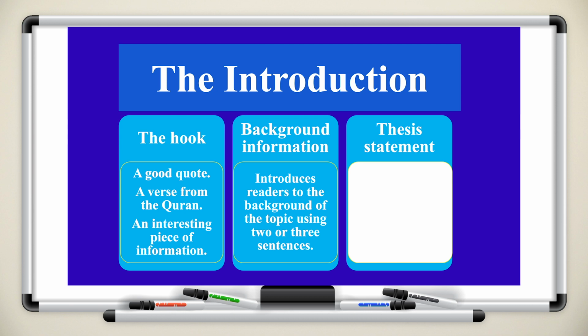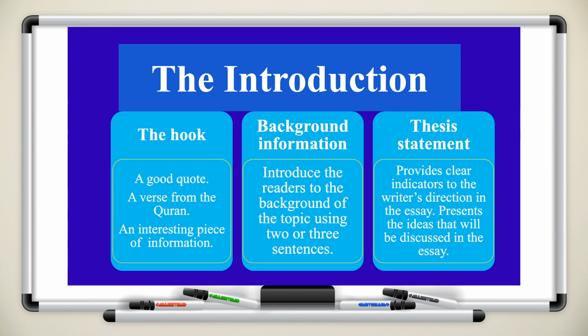Just give us a general idea of the things that you're going to talk about in this essay. The thesis statement is very important. Why? Because it provides clear indicators to the writer's direction in the essay, meaning you will present the idea that you will discuss throughout the essay. That's why the thesis statement is very important.